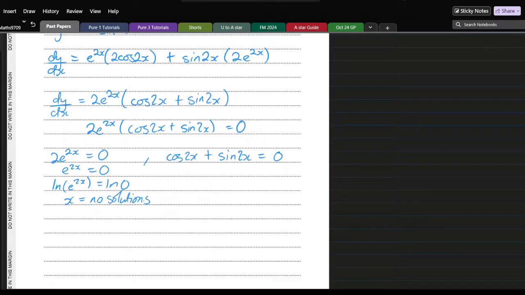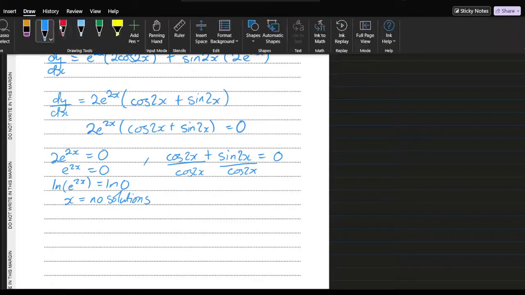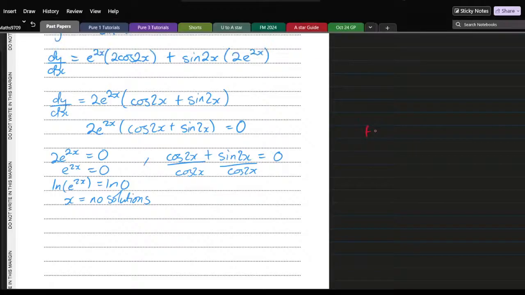Alright, and now let's work with our second equation. What we can do here is divide through by cos 2x, so that's cos 2x over cos 2x. The reason we're doing this is so that we can use the identity that tan 2x is identical to sin 2x over cos 2x, which we can use over here.